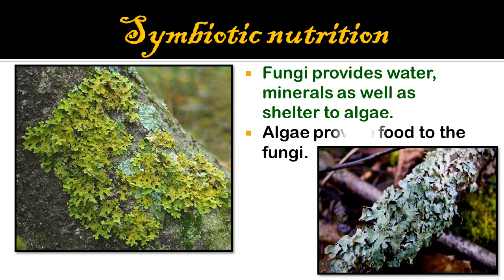Lichen is an example of symbiosis between algae and fungi. That means when fungi and algae live together, it is called a lichen. You can observe in the first and second picture, this is an example of lichen, that means fungi and algae. These are examples of symbiotic nutrition.